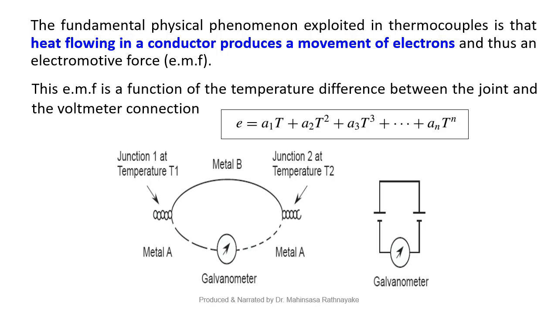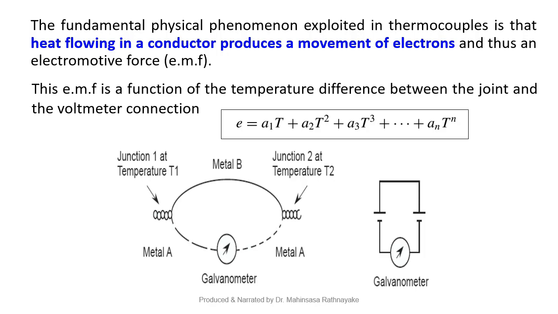So this electromotive force is a function of the temperature difference between the joint and the voltmeter connection. As you can see, there's an equation provided. It's a power series of temperature. That would be the equation for the electromotive force.